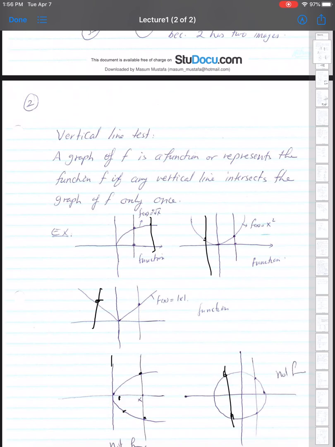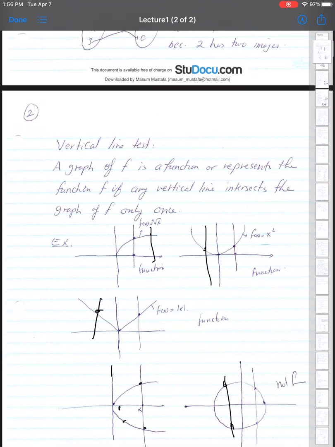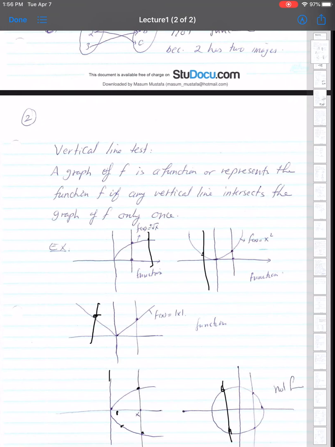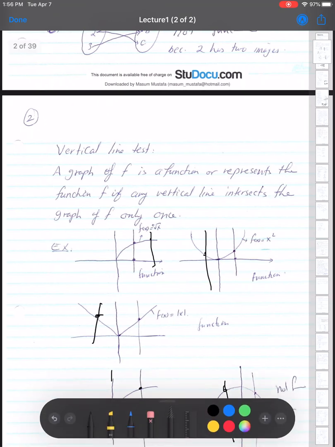Another way to represent a function is the vertical line test. If you draw a vertical line along the graph, and it only intersects at one point, that means it's a function. So if you look at this vertical line, it's only intersecting here. If you look at this vertical line, it's only intersecting at one point of the graph of the function.